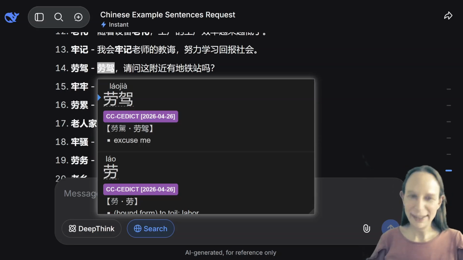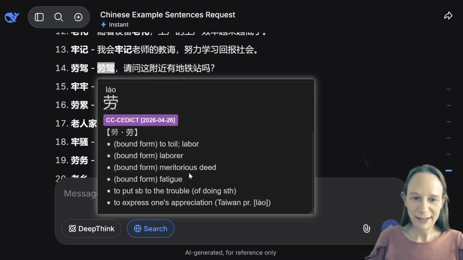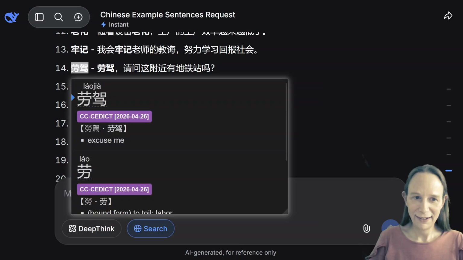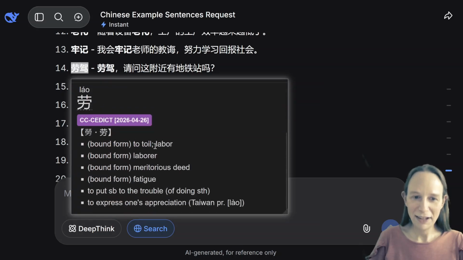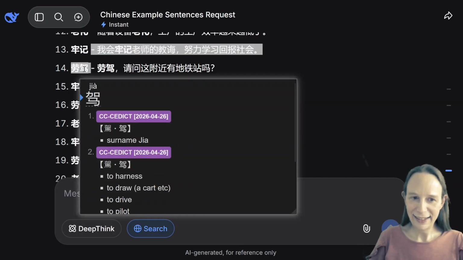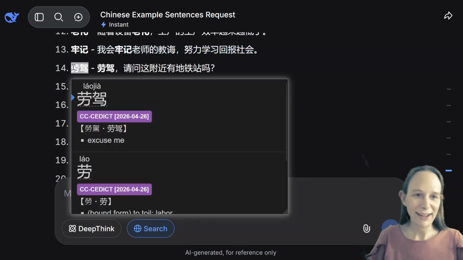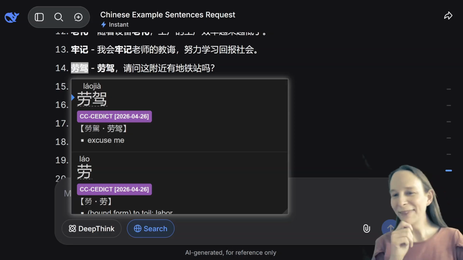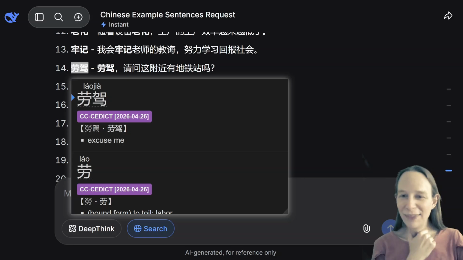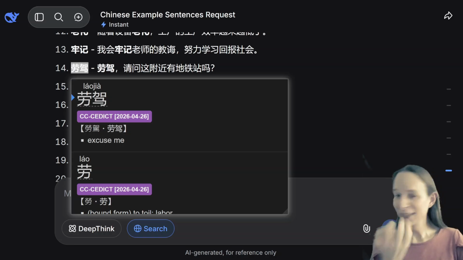Why is it 劳驾? I don't know. 劳 is labor, and 驾 is to drive a car. I got nothing. Honestly, it's pretty rare. I think most people just say 不好意思 or 打扰你了 or just ask.